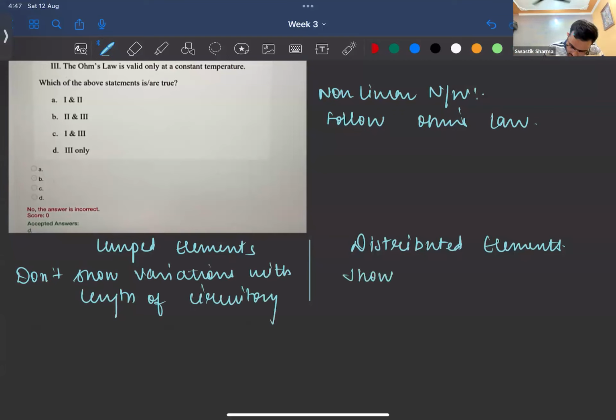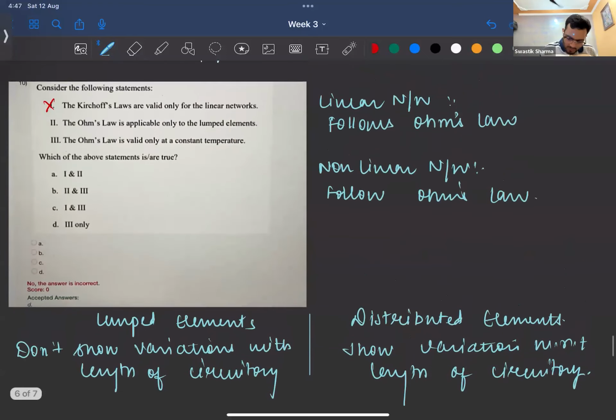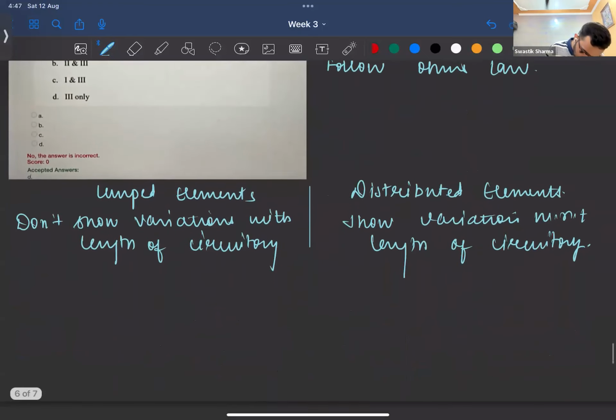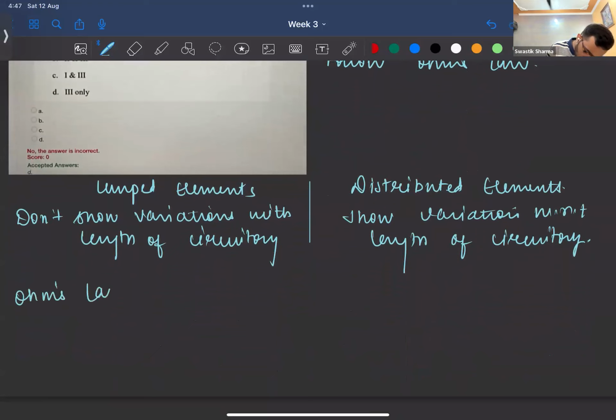Distributed elements show variation with respect to length. Now, what exactly is Ohm's law? Ohm's law states that if temperature is held constant, voltage varies linearly with current, right?